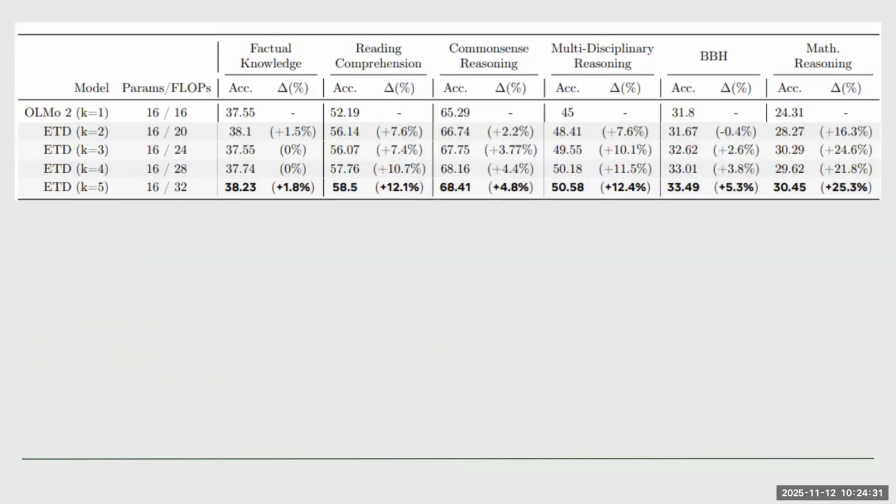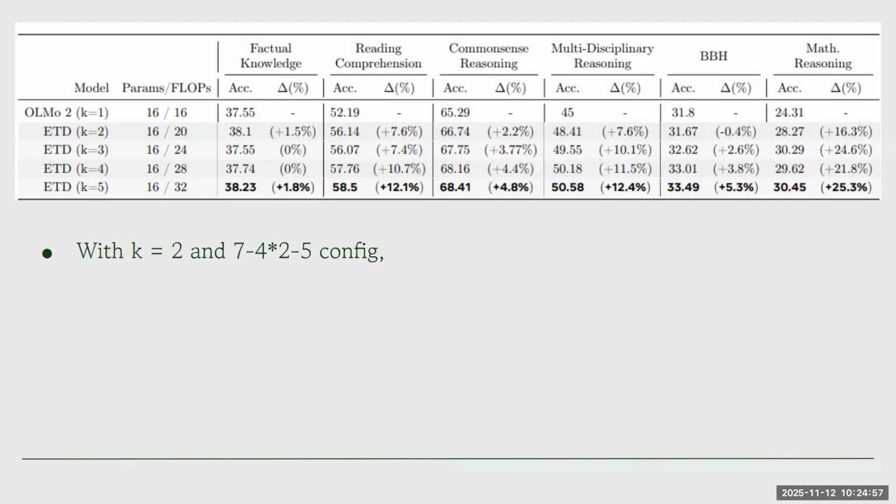It is also important to realize that if the number of iterations k is one, it's basically the vanilla transformer without any of the recurrence blocks. So this is the performance of OLMo 2 for different iterations of the ETD approach, let's say.